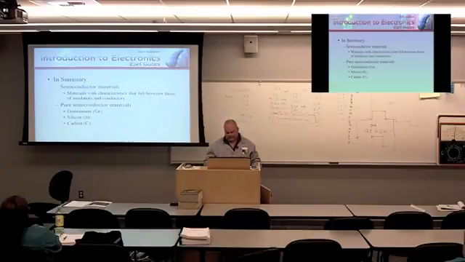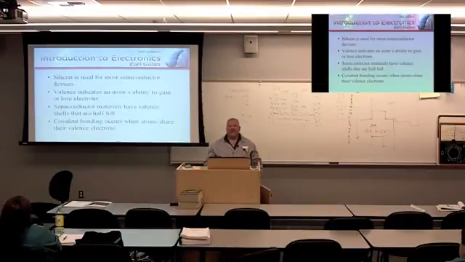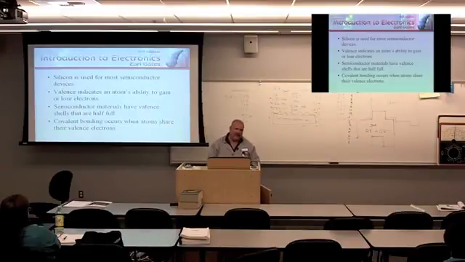Beyond the scope. Silicon is used in most semiconductor devices. Valence indicates an atom's ability to gain or lose electrons. Semiconductor materials have valence shells that are half full. Literally. That way you could add to them or subtract from them by the use of dopants.